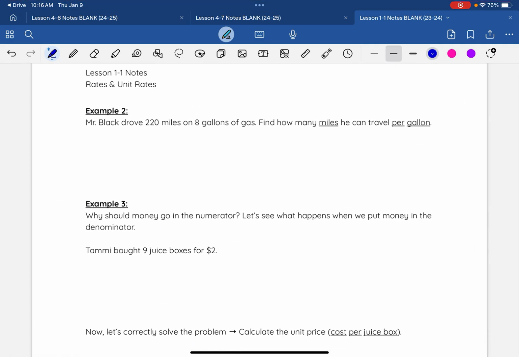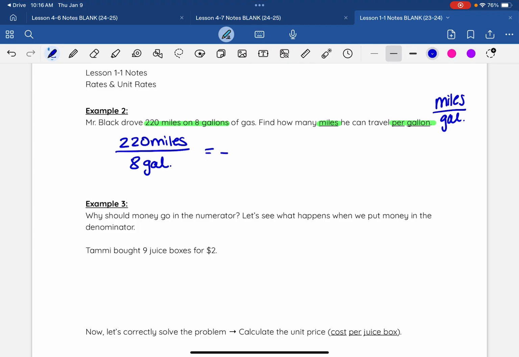So for example number 2, it says Mr. Black drove 220 miles on 8 gallons of gas. How many miles can he travel per gallon? So I have miles, per is my division, and then gallon. So I'm going to have 220 miles in 8 gallons.